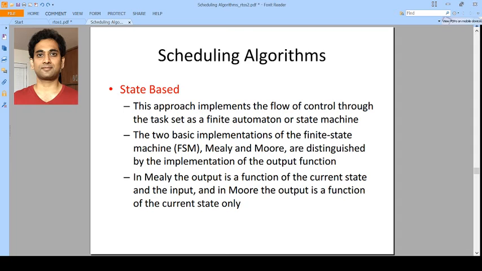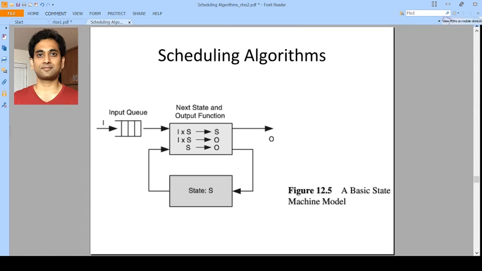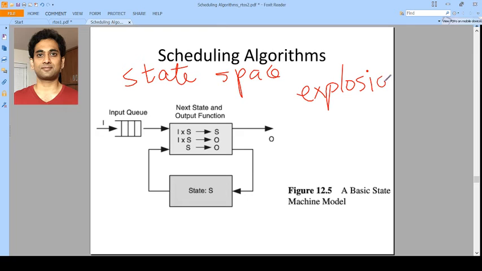Now, there can also be state-based scheduling algorithms, which can be divided into Mealy or Moore, but these are not extremely popular because state space explosion can be a big problem.